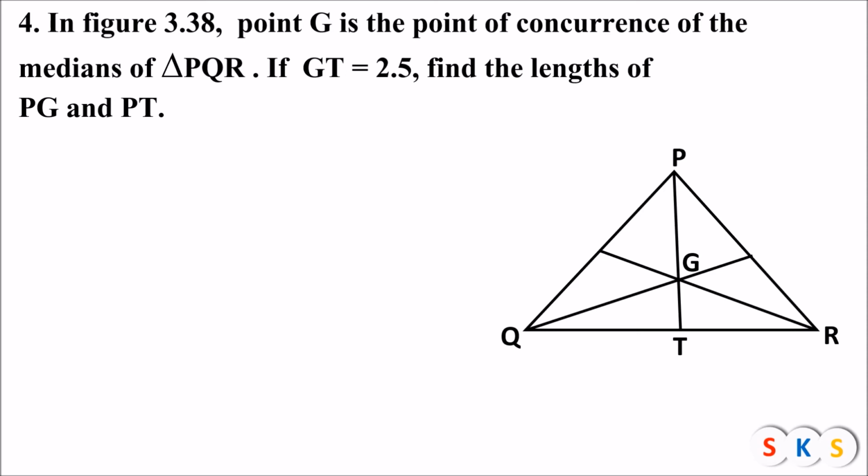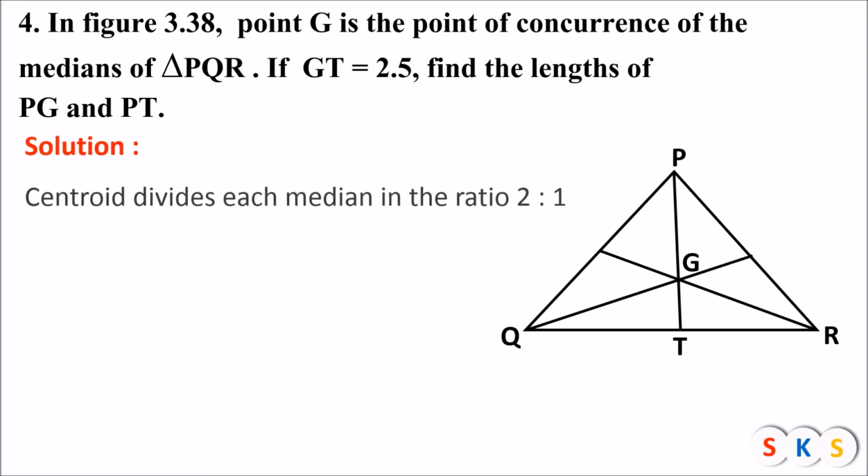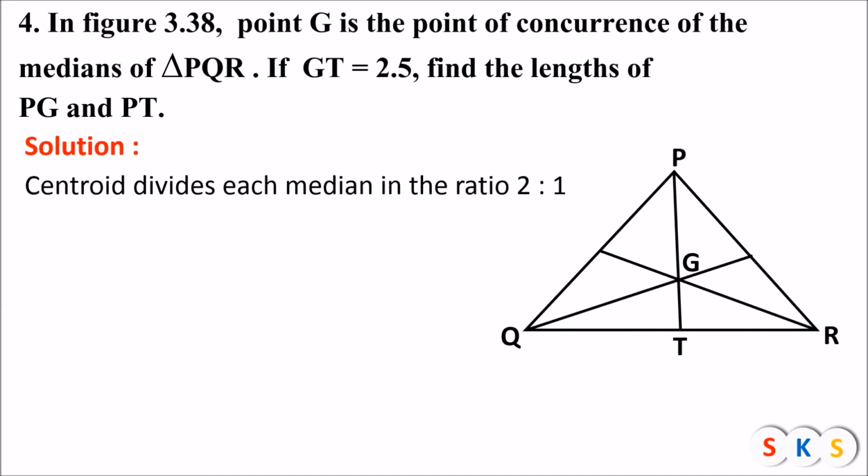The centroid divides each median in the ratio 2:1. What do you mean by centroid? Centroid is the point where all medians meet each other, and in this figure all the medians meet each other at point G. So point G is the centroid of the triangle. What the centroid does is divide the median in the ratio 2:1.